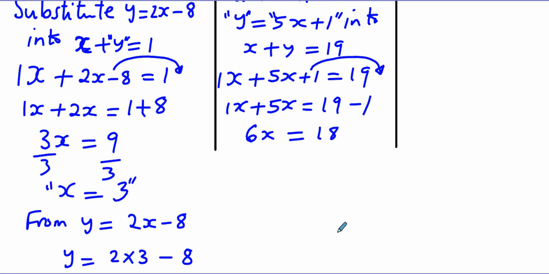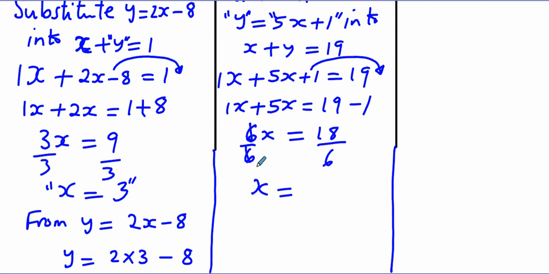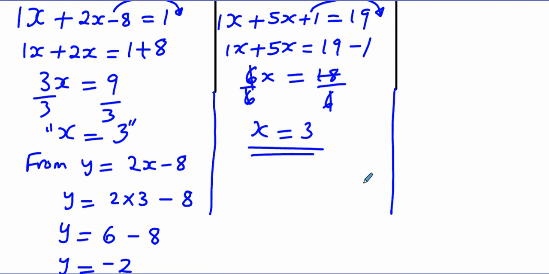Don't worry, once you get numbers which are not divisible, you can leave your answer as a fraction. To get the value of x, you divide by 6, and this gives you x equals 3. See that? x equals 3.